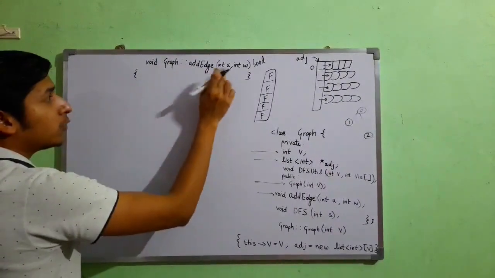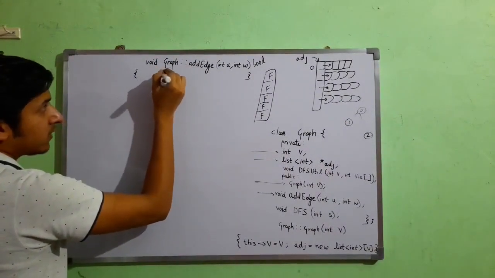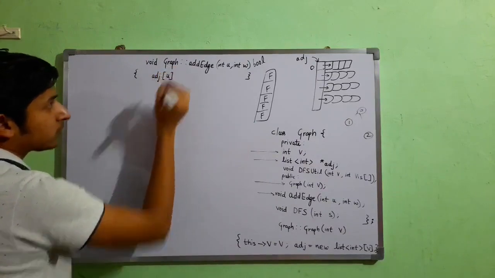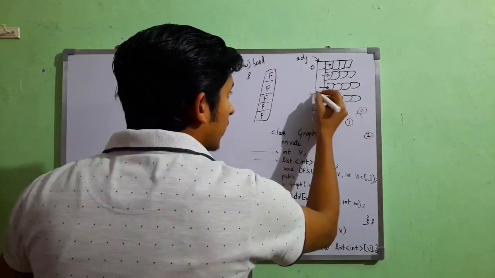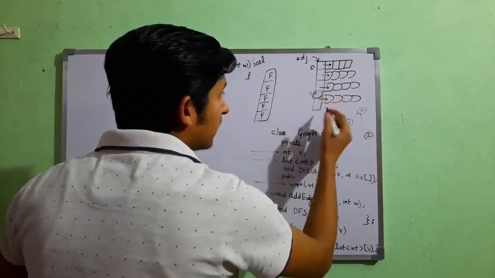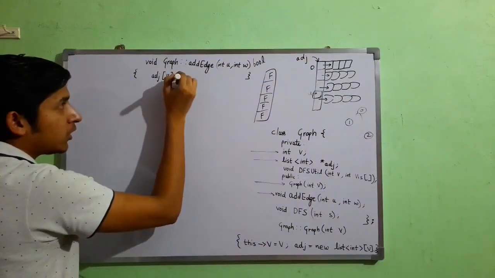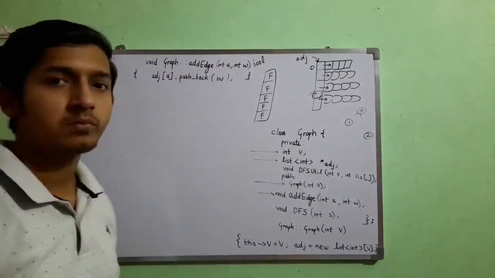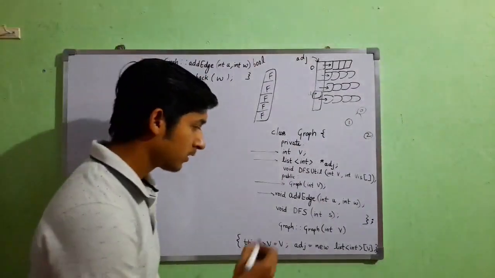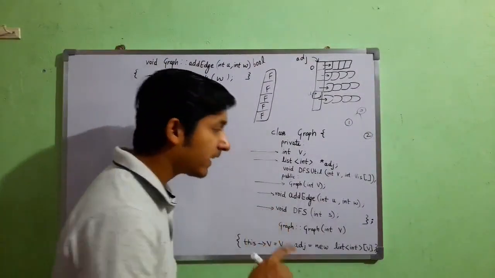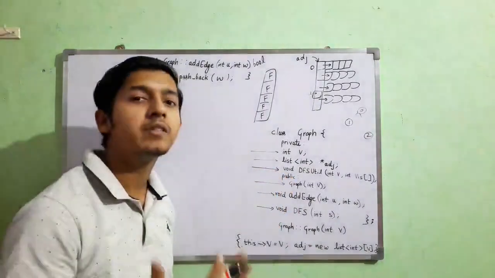So when u is given, adj u means point u, and to this push back these elements w. Done. Now after declaring this function, I'll declare this function, and then you will realize that we will need this function and how we will use it.